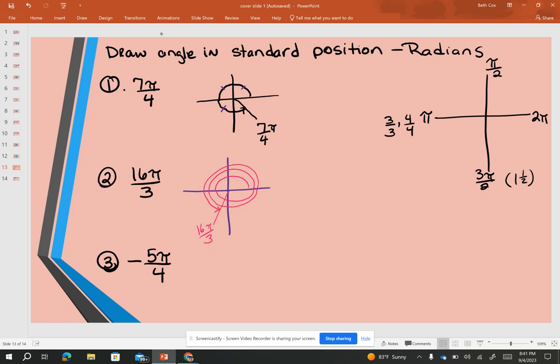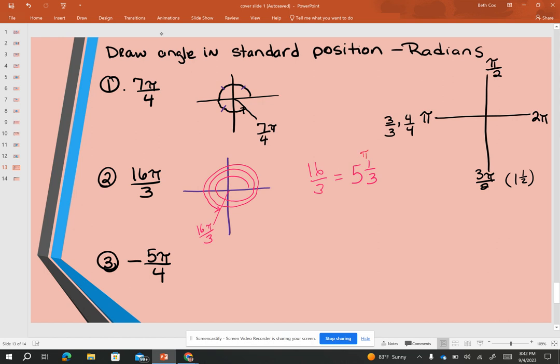That's that angle. Again, you could also do 16/3 using your improper fraction. 3 goes into 16 5 total times. And if we did 5 1/3, let's watch this. 5 1/3 pi.